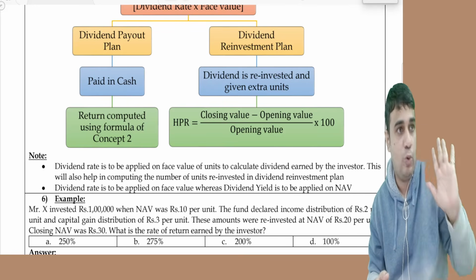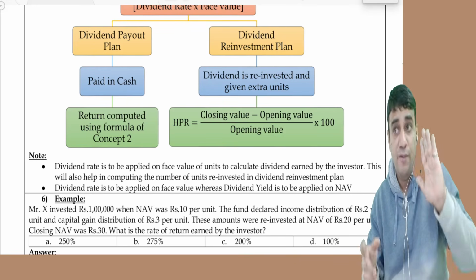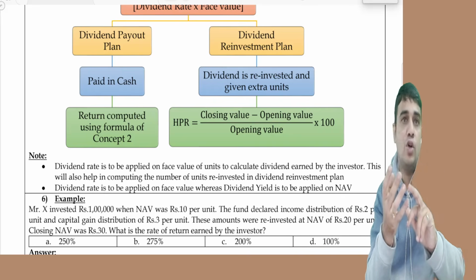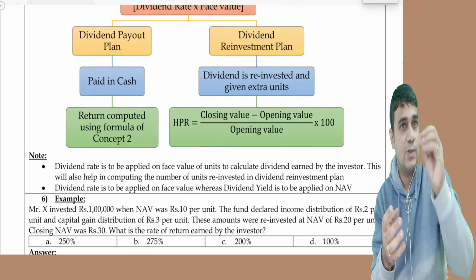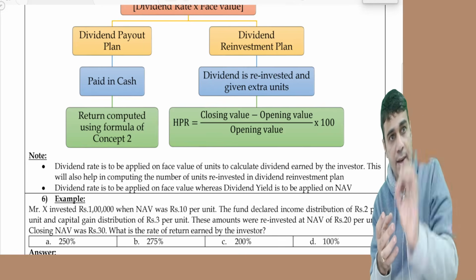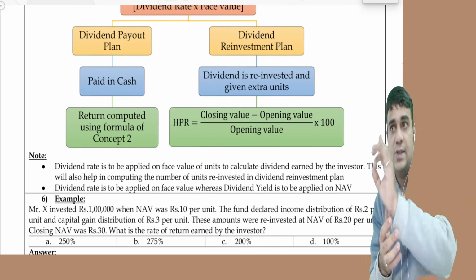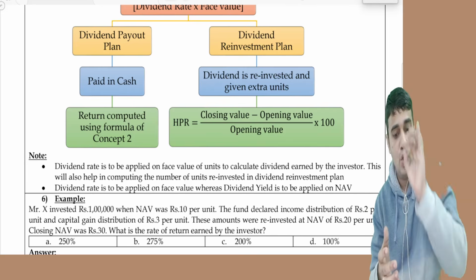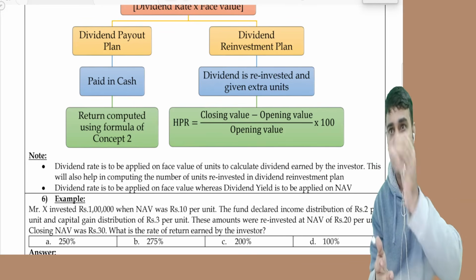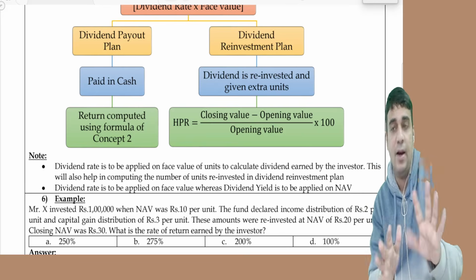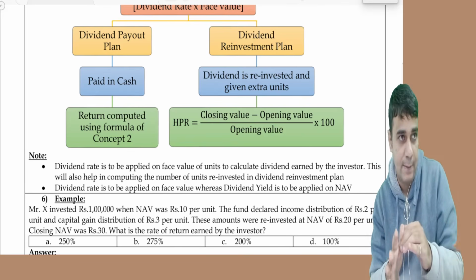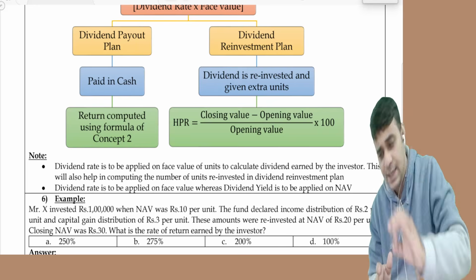Same example. Let's assume it is payout as of now. When it is payout, I don't want to know whether you invested 1 lakh, 10 lakh, 2 lakh. I just want to know NAV1, NAV0, D1, CG1, and 12 by M if at all needed. Without 12 by M also I can do depending on the data. Here I don't know the period, nothing I have added in the MCQ example. So first let's calculate the payout plan.